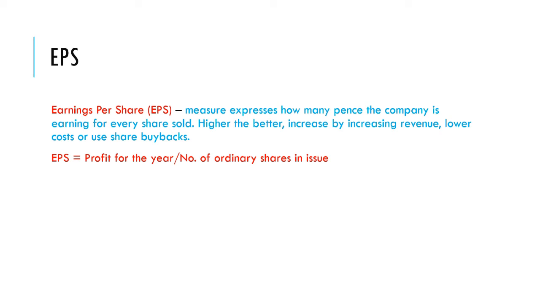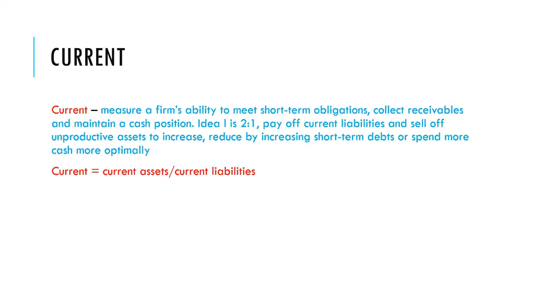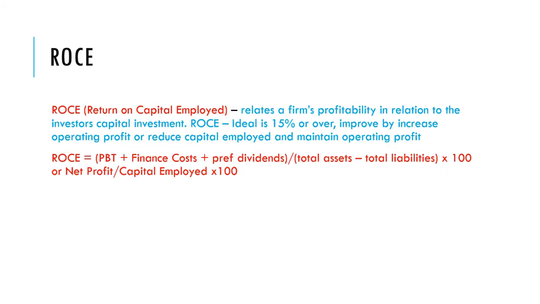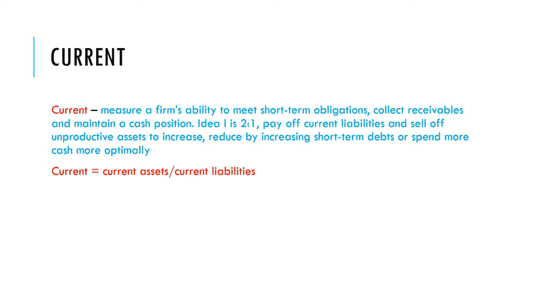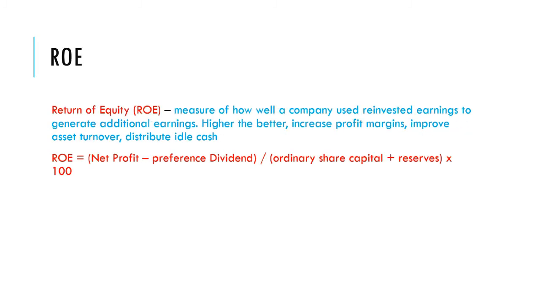So it basically means they're making £6 for every one investment that a person makes. Whereas ROCE, if we go back to it, is how much profit the shareholder makes. So it's really giving away their dividend. So if the shareholder invests £1,000 and their ROCE is 10%, that means they're going to make a £100 profit. Their dividend should be about 1,100.